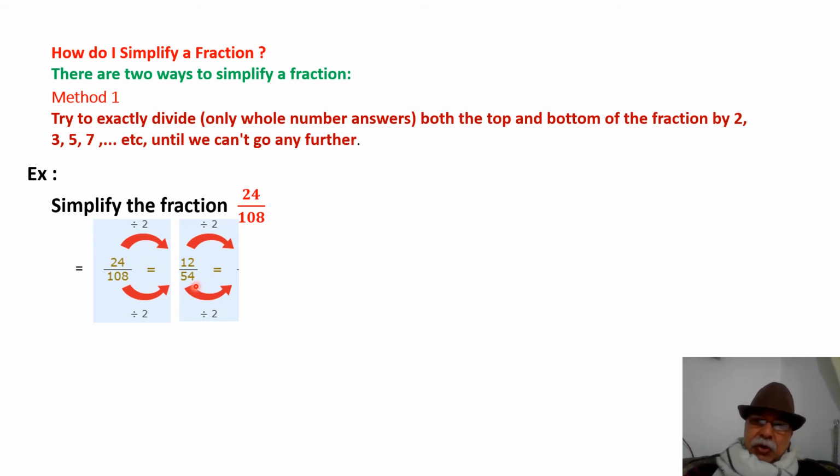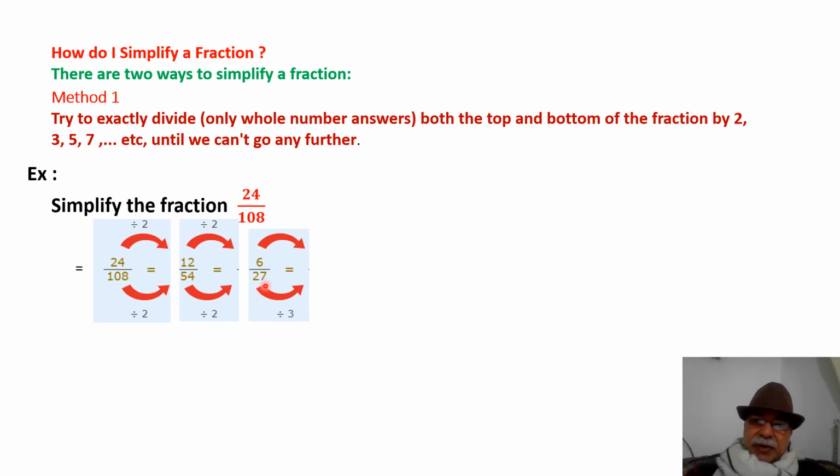Here I can't keep it like this, because I can also simplify this. I divided the numerator and denominator also by 2. I get 6 over 27.